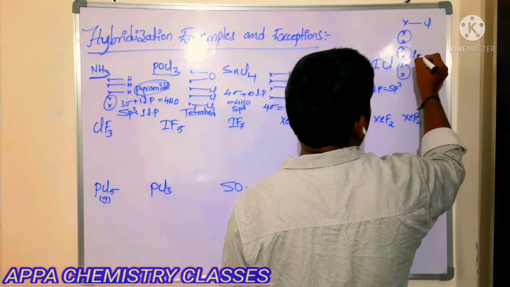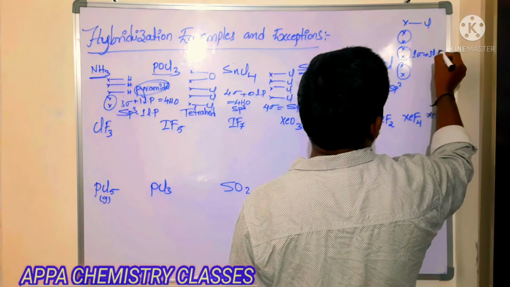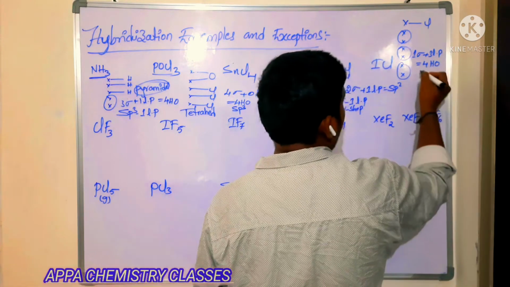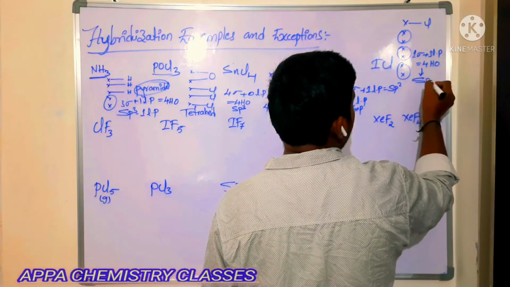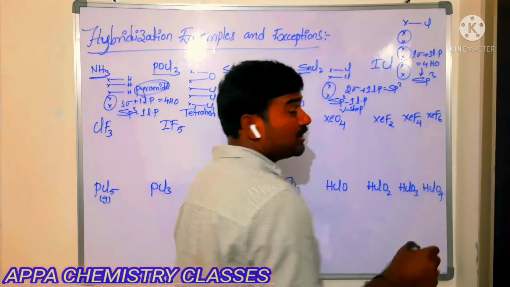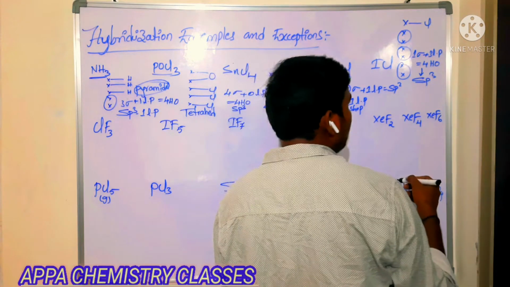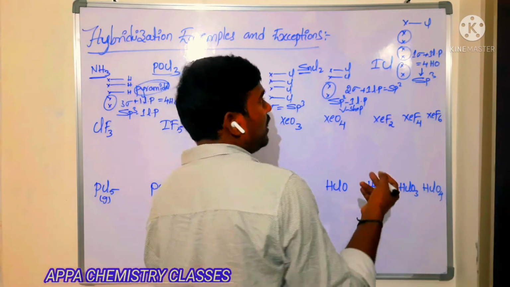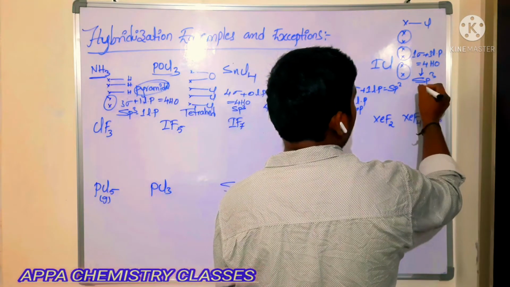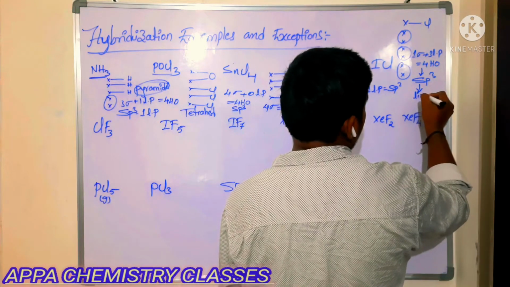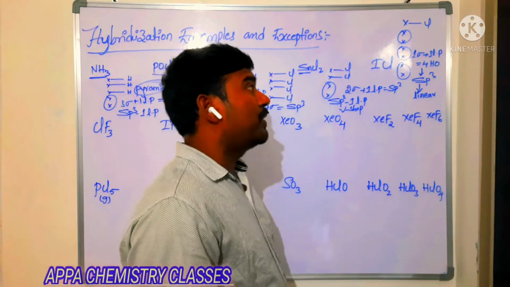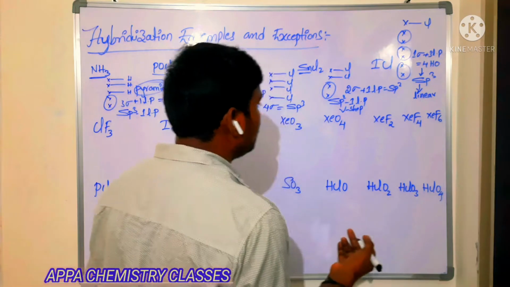So 1 sigma bond plus 3 lone pairs, total 4 hybrid orbitals. 4 hybrid orbitals means it is sp3 hybridization with 3 lone pairs, only 1 bond pair. So it comes under linear shape.